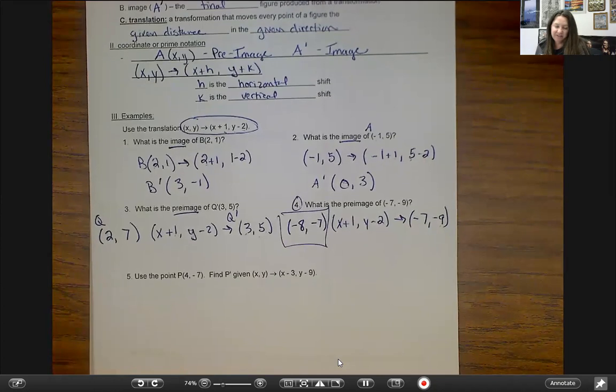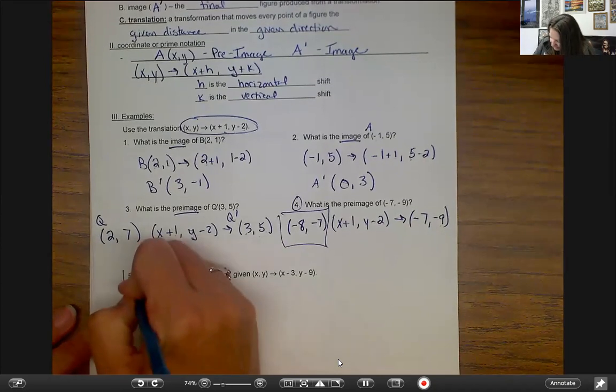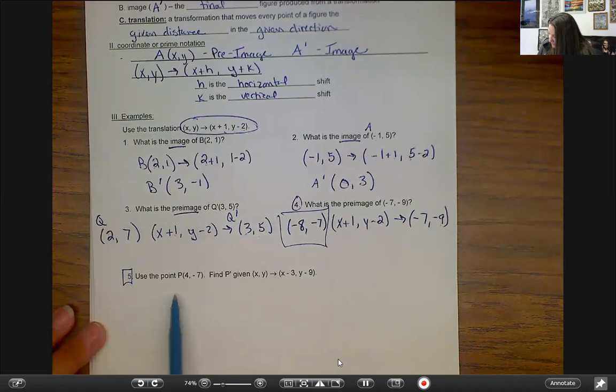All right. So one more to check for yourself. Use the point P at (4, -7) to find P prime if the translation is x minus 3 and y minus 9.